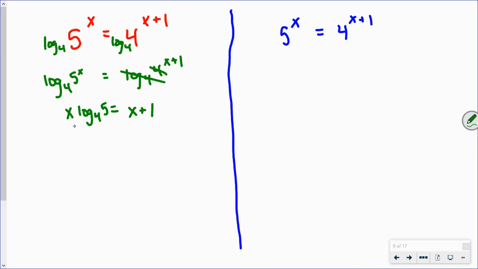Now you have x's on both sides, so you need to get your x's on one side. So here I have x log base 4 of 5 minus x equals 1. In order to solve for x, I have to get these two down to 1. And the only way to do that is to factor out an x.